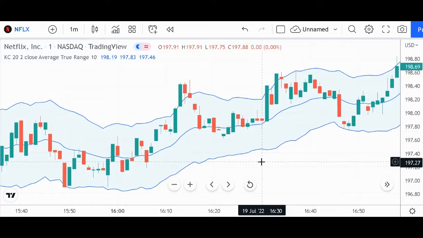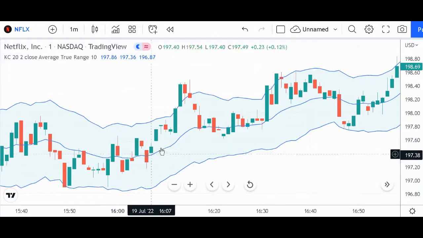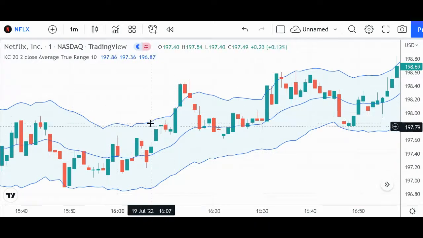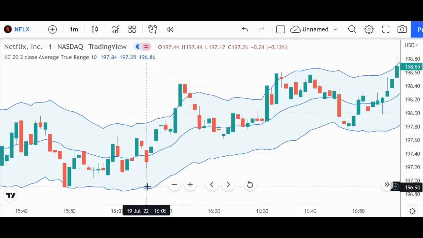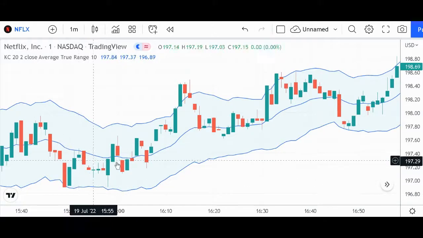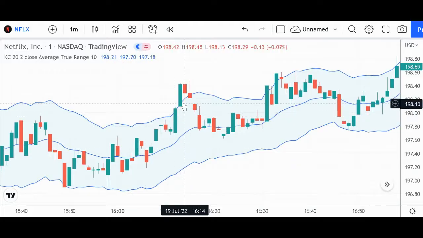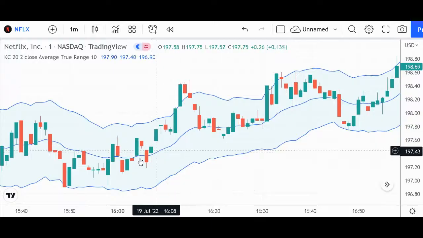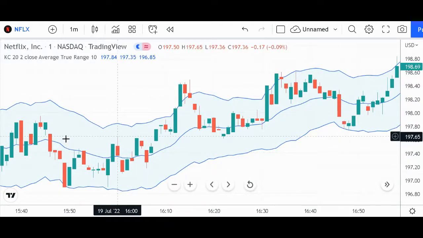Since the average true range is incorporated into the formula, the bands, the lines of the Keltner channels, do a pretty good job of containing the candles because they adjust to where the candles are. There's also an EMA, an exponential moving average, in the middle in the formulation.